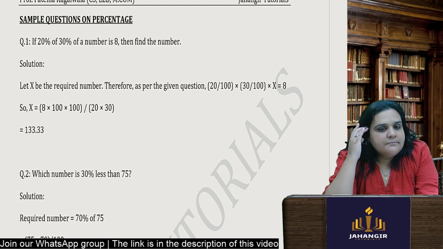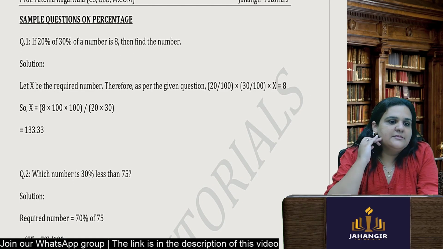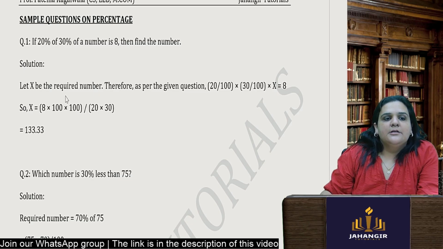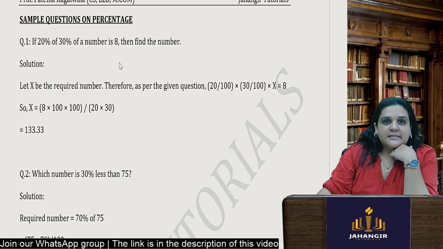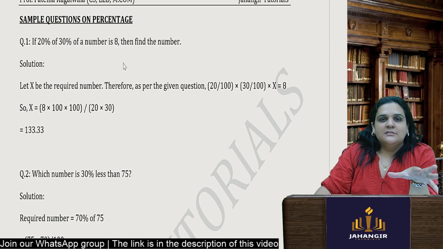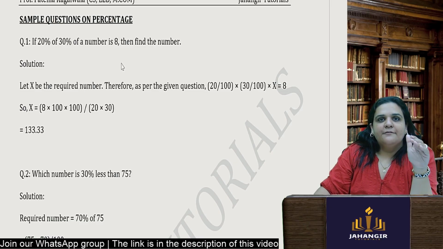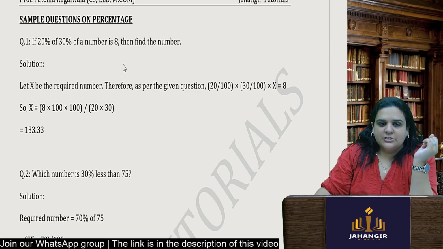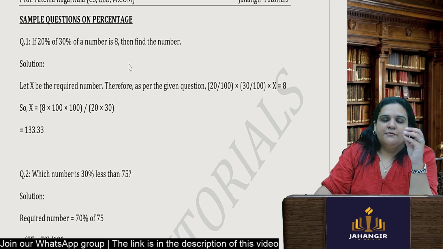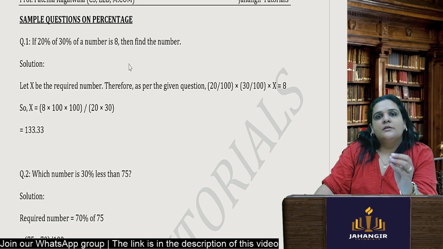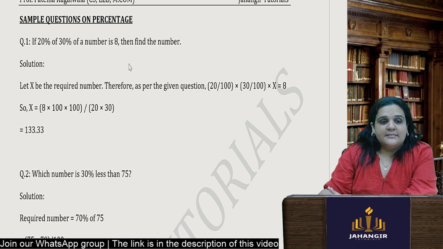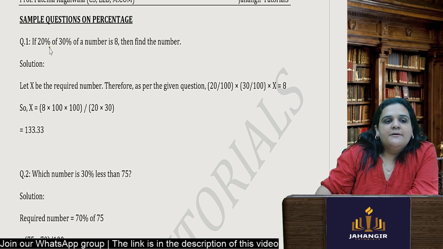Now let's solve some simple examples and sample questions. If 20% of 30% of a number is 8, find the number. Now this is something similar to a tricky question like the restaurant one. In fact, that was much simpler: 15% on 920, you got the discount, you found the price paid. They are saying 20% of 30% of a number is 8, find the number.